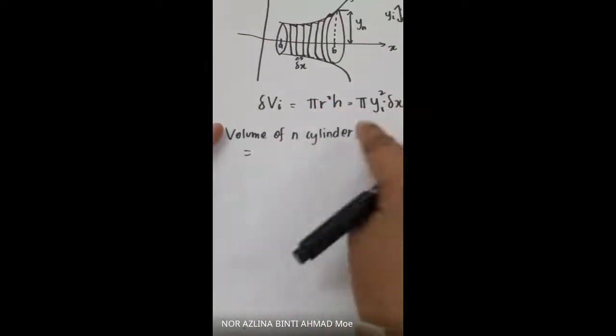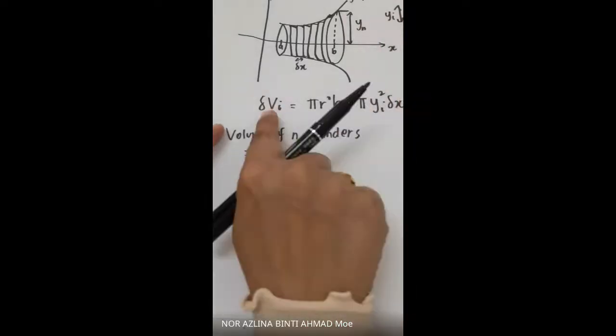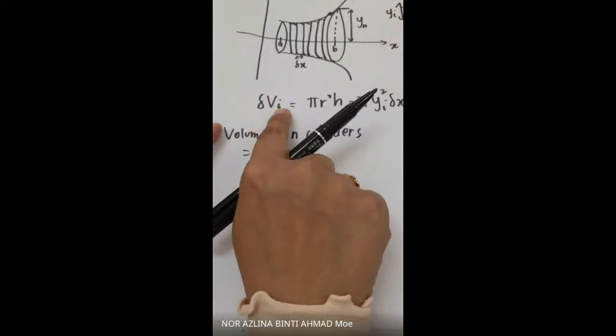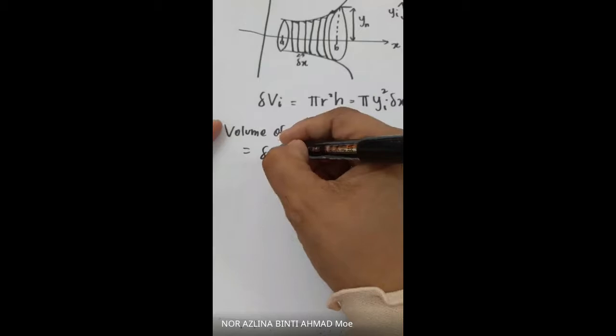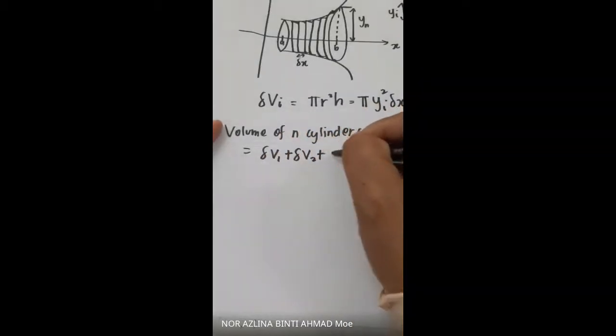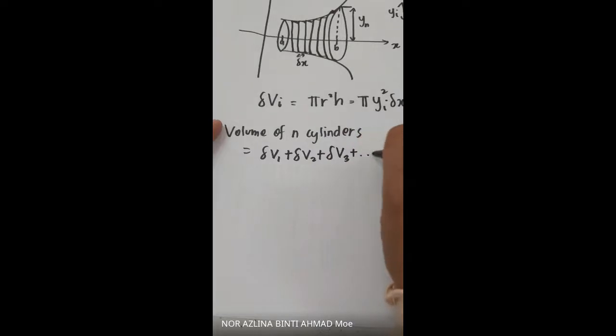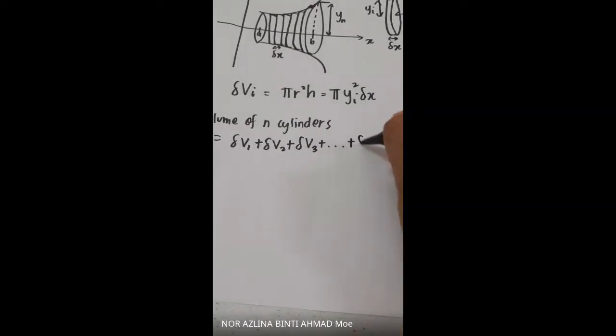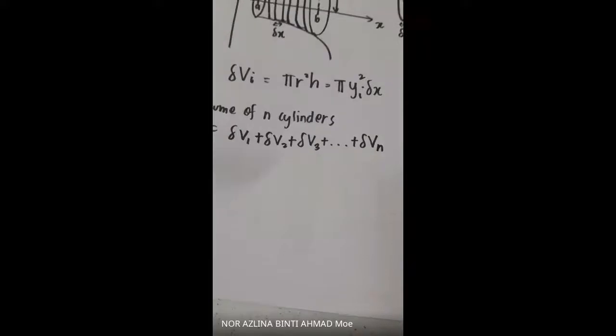So we know to get the volume of N cylinder, delta V1 plus delta V2 plus delta V3 sampailah delta Vn, sebab ada N cylinder.